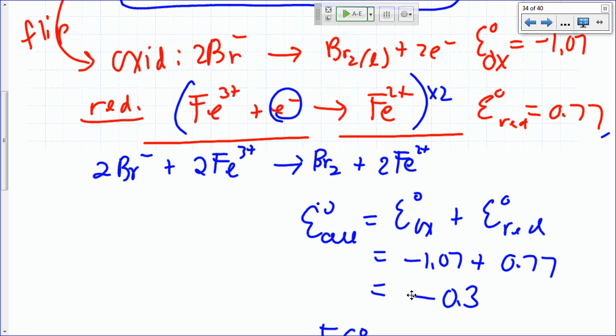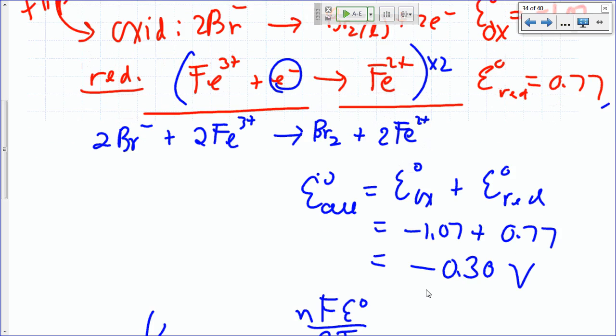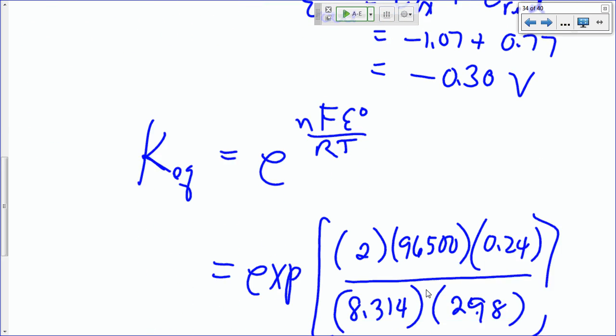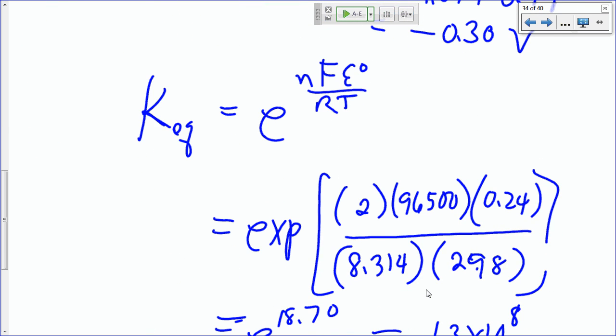So this reaction this time is not going to go far forward. It has a negative cell potential, and so delta G here is going to be positive. If I plug in, instead of 0.24, negative 0.3 over here, what would I get?